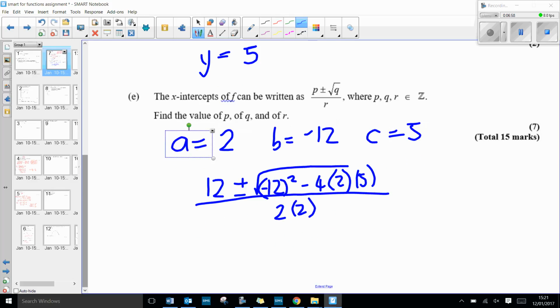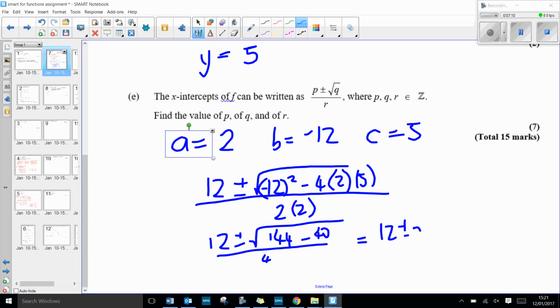So it's 12 plus or minus the square root of 144 minus 40. Okay, so p is 12, q is 104, and r is 4. You could have simplified those to smaller numbers if you wish.